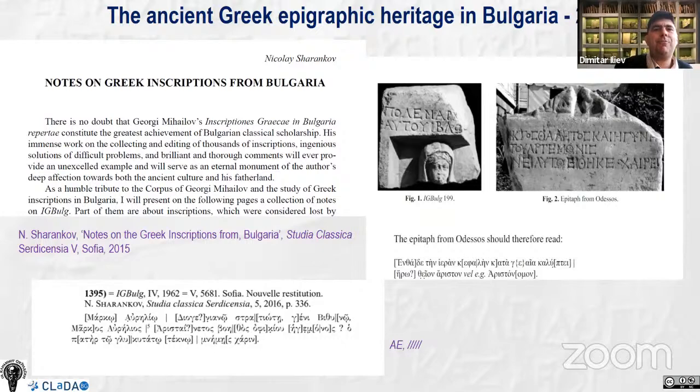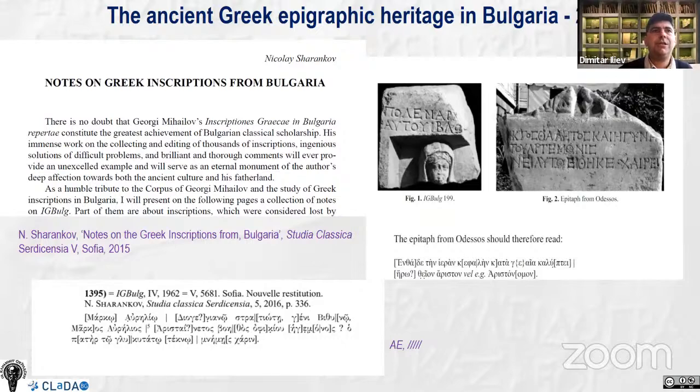Not all of the inscriptions that were revised took place there, but it is still a publication on which you can rely while trying to encode updated versions of your inscriptions, and it's published in a series known as Studia Classica Serdicensia, volume 5. But if you search for the title, probably you will come across it in electronic form somewhere on the internet, say in Academia Edu, where almost all of Dr. Sharankov's articles and studies and monographs are published.